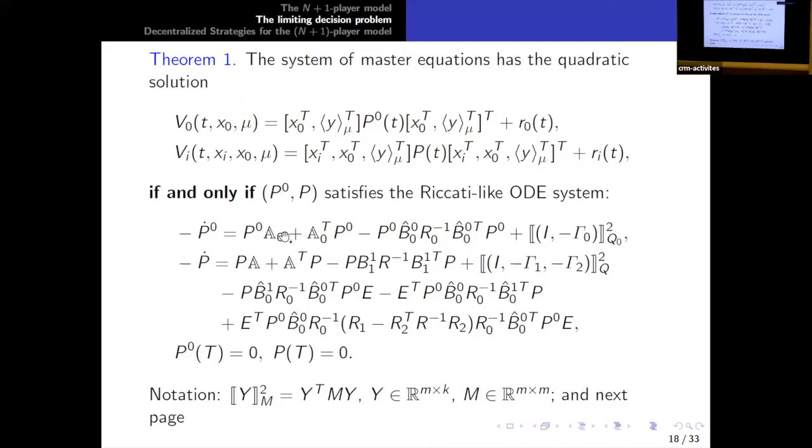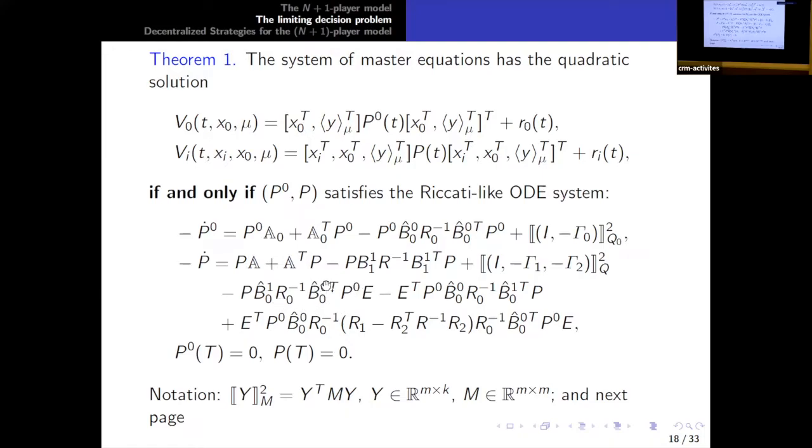So in the end, A0 itself involves the unknown. This is different from standard Riccati equations in optimal control. And for the follower, the structure is a little bit more complicated. Essentially, it is still a quadratic structure, because here you have this P and then you have this P0.